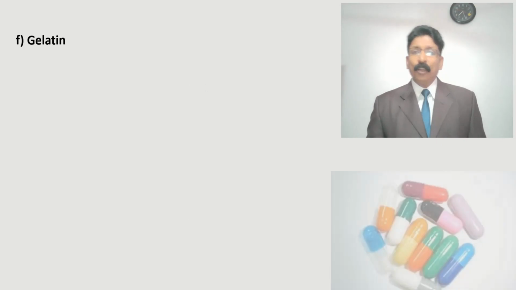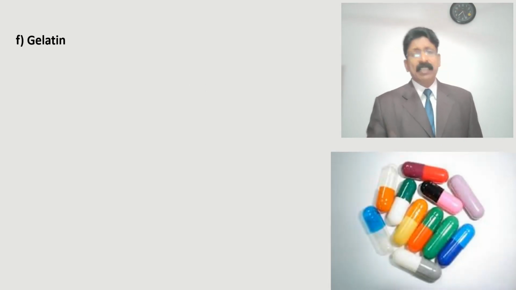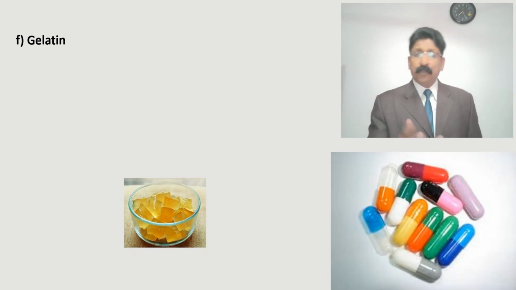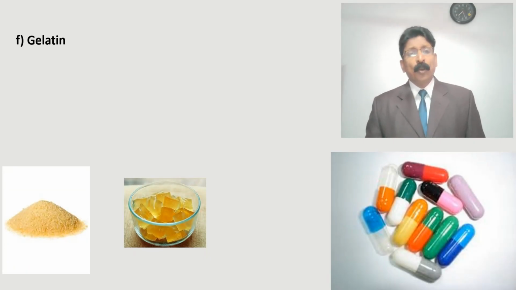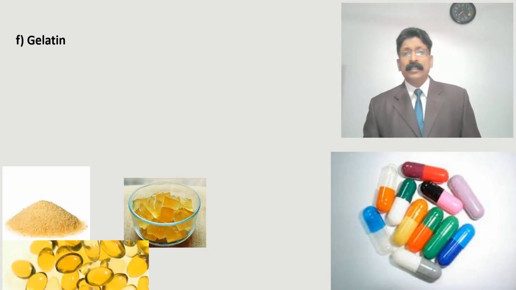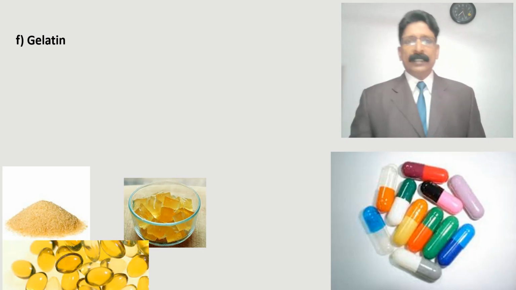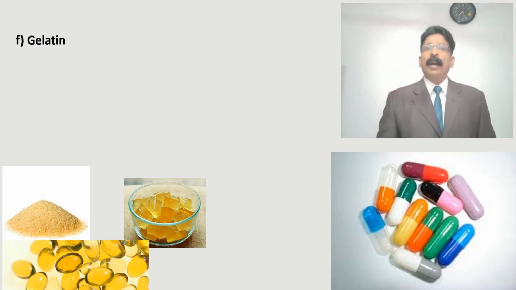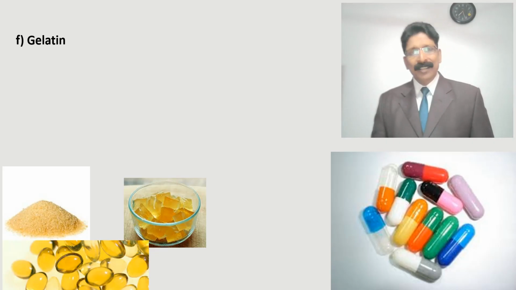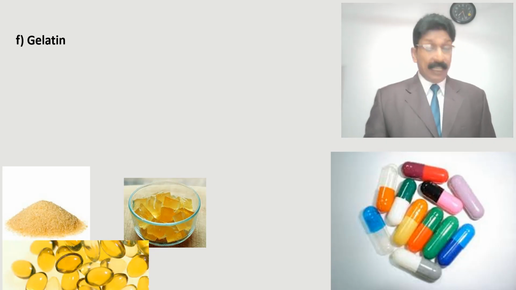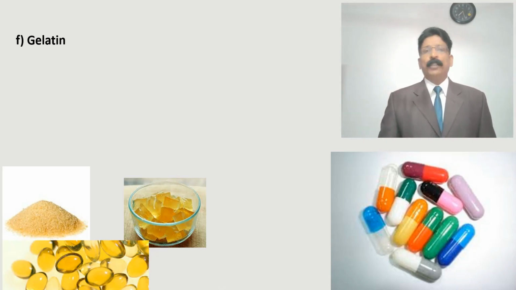Gelatin, we know that gelatin, hard gelatin capsules, soft gelatin capsules, which we are using commonly for various drugs in our pharmaceutical industry. Even in herbal formulations, to make it elegant and to make it easy for the consuming for the patients.